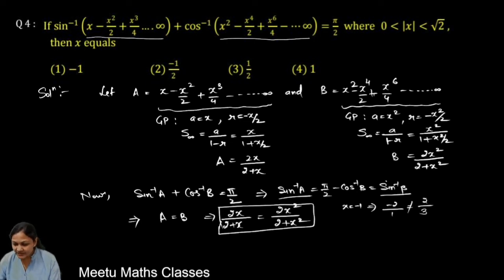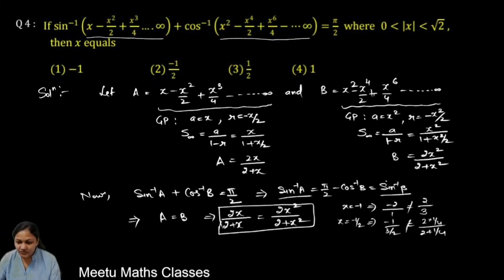When x is equal to minus half, the left side will become minus 1 upon 2 minus half, which is 3 by 2, and on the right hand side, it will become 2 into 1 by 4 upon 2 plus 1 by 4. If you check, this will also not be equal.